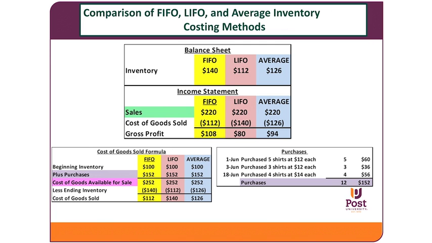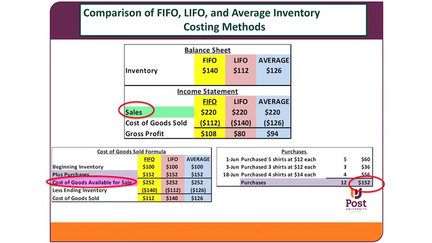Let's compare the results of the 3 methods. Sales is the same regardless of which method you use. 11 shirts times $20 equals $220. Purchases are the same at $152.